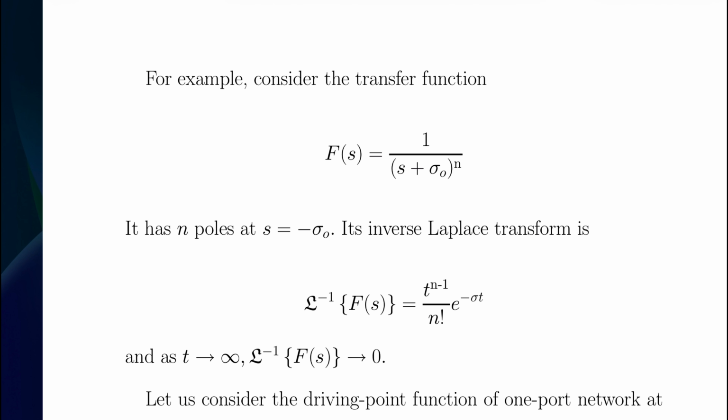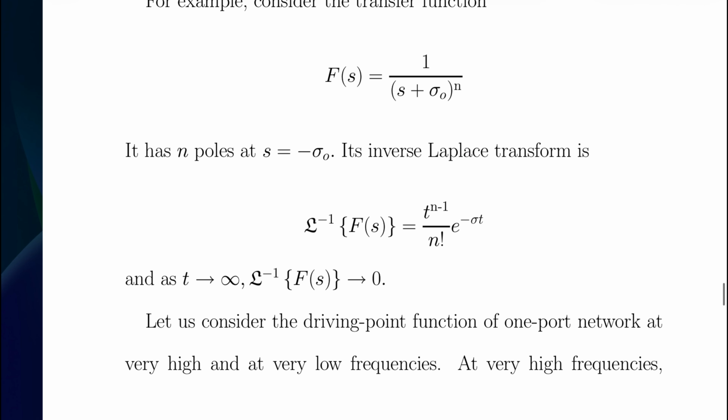It has n poles at s equal to minus sigma0. Okay, its inverse Laplace transform is given by t to the power n minus 1 upon factorial n exponential minus sigma t. And as t tends to infinity, this inverse Laplace transform of F(s) tends to 0.